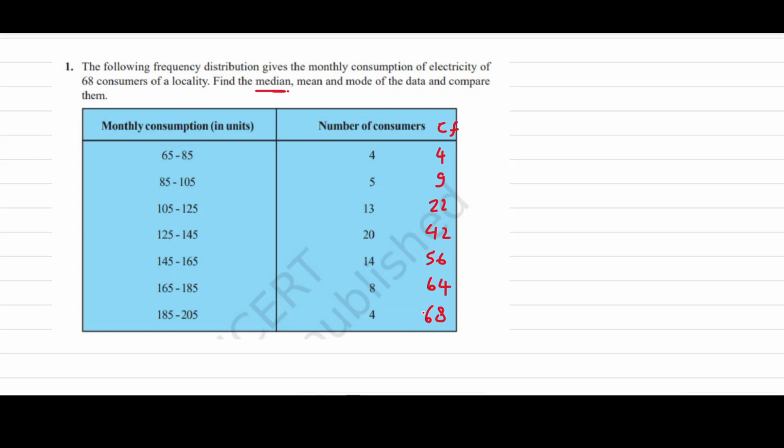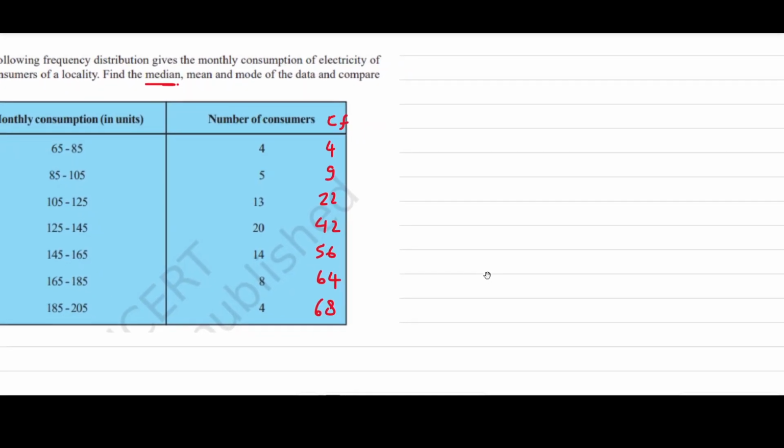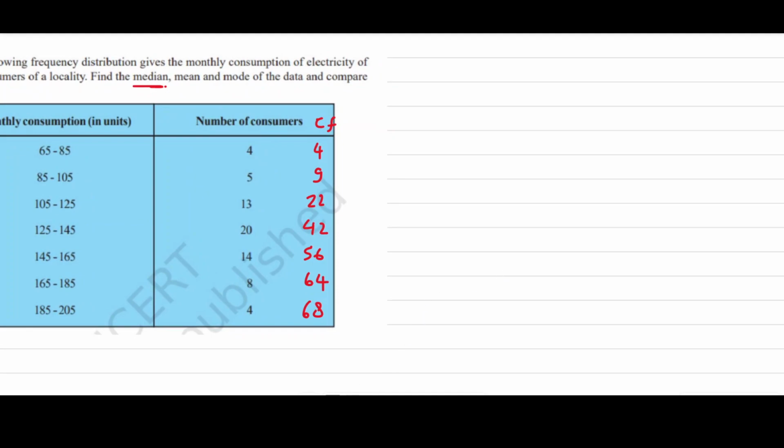That means 68 we have. If we add these, we can get 68. Clear? So what is the formula of median? First we will have to write it, then we will give a clear understanding about these.